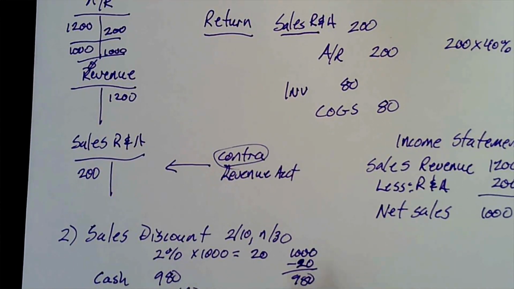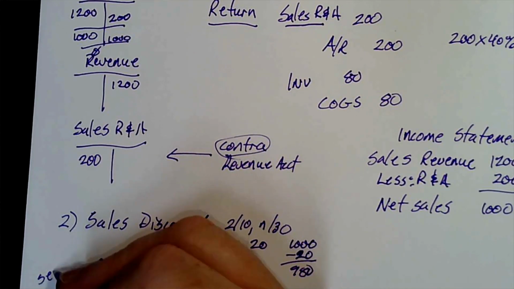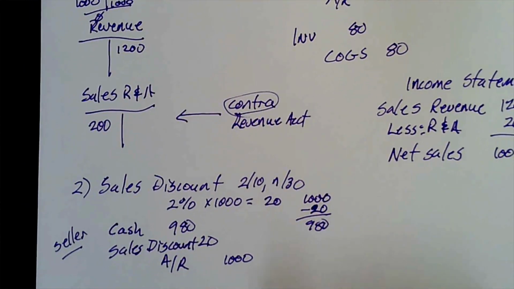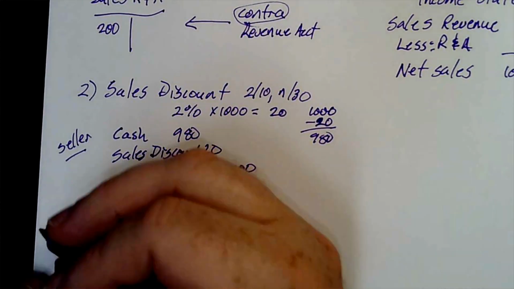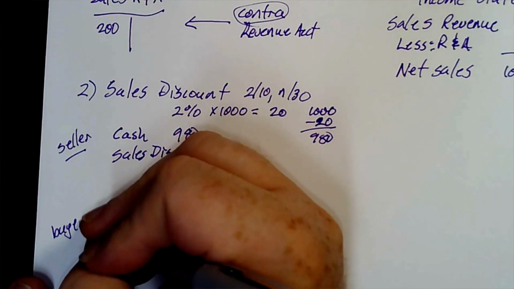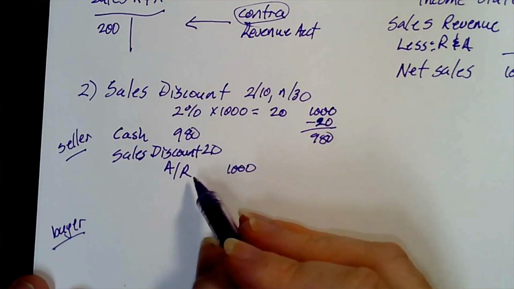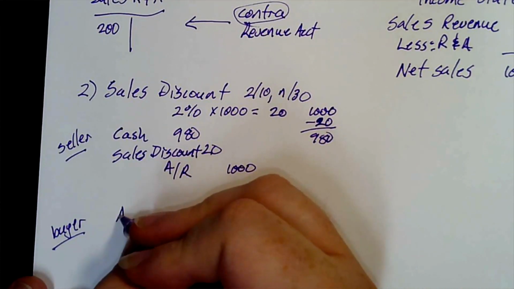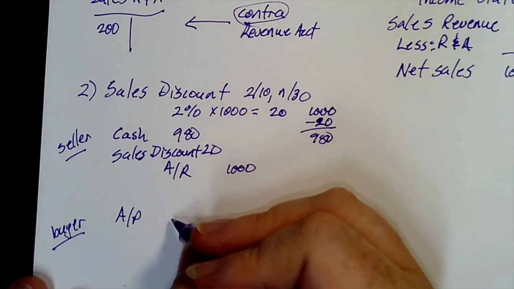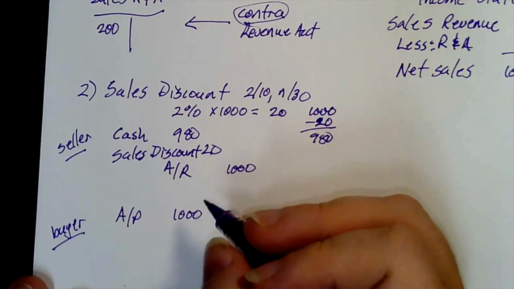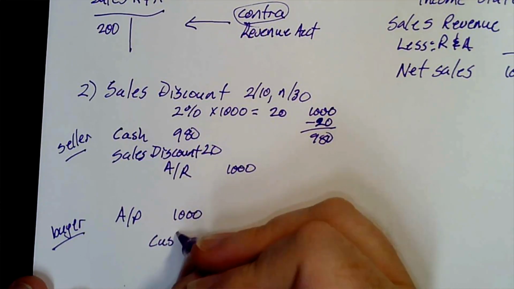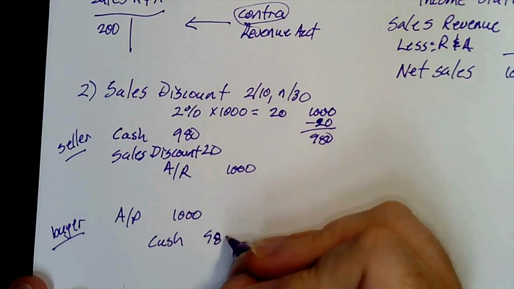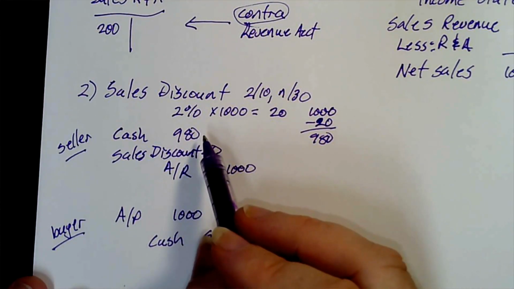So this was the seller side. Let's look briefly at what the buyers had for the very same transaction. Well, we, as the seller, got rid of the AR. The buyer got rid of their AP, right? A total of $1,000. And they paid cash of $980. And the seller received cash of $980.